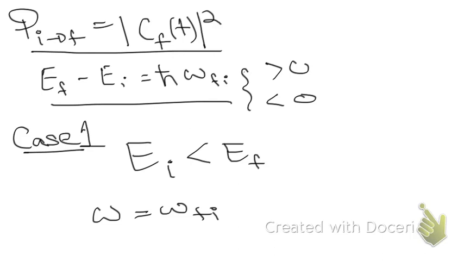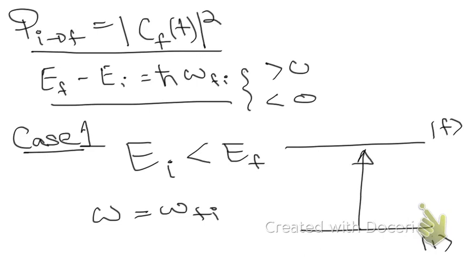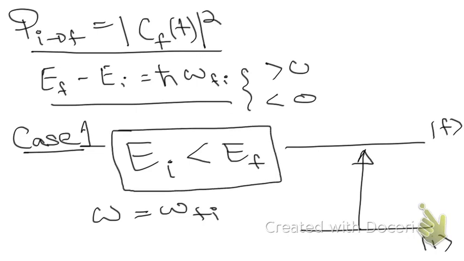And we may call this absorption. So what's going to happen is, let's say that these are my two energy states, this is my state I and this is my state F. A transition is going to happen from my lower state to my higher state F. So this is going to happen when the energy of my state I is less than that of state F. And this is what we are going to say is an absorption.